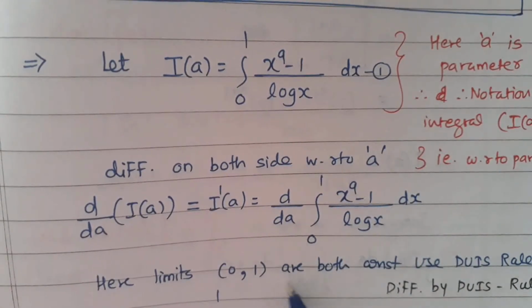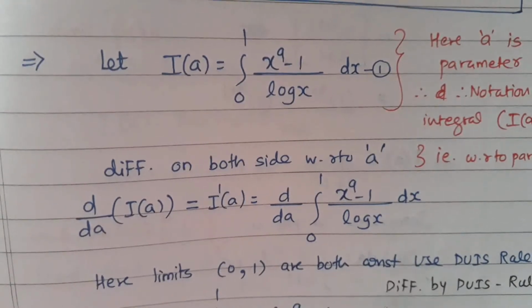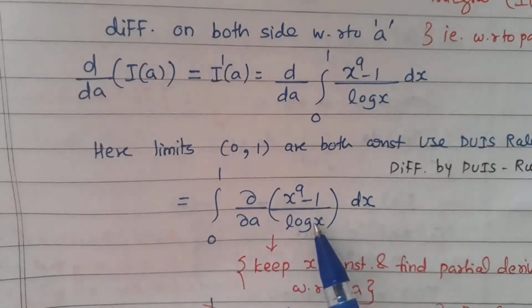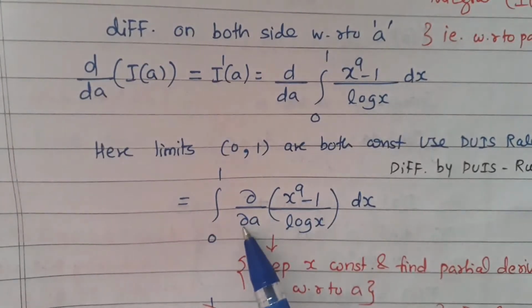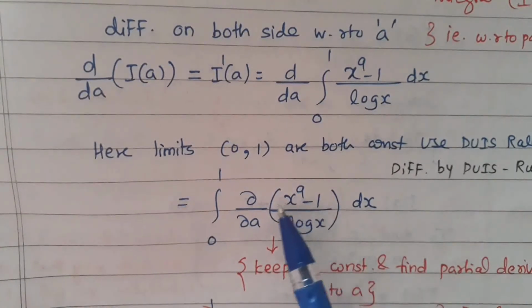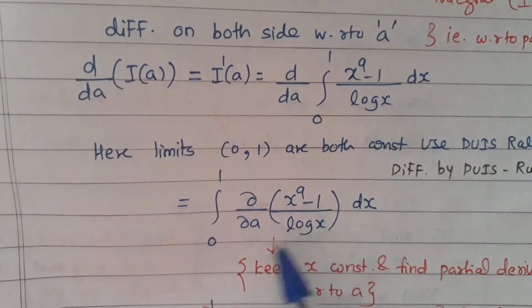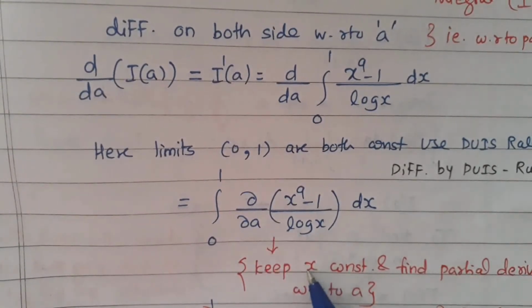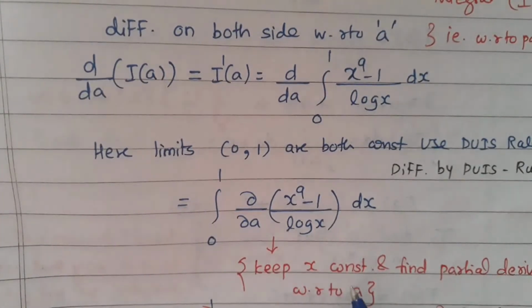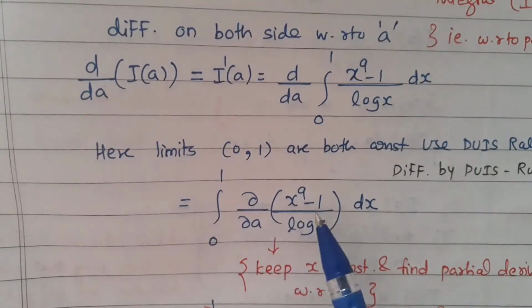Again, 0 and 1 are constants, so that's why DUIS rule 1 is applicable here. Take the partial derivative of this function with respect to a by this rule and integrate after that with respect to x. While finding the partial derivative with respect to a, keep x totally as a constant and use a as a variable. So use some rules of derivative here.